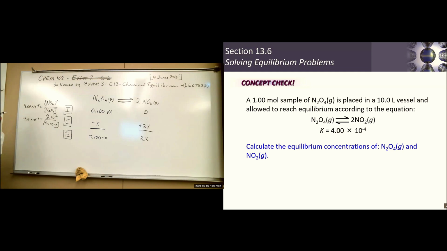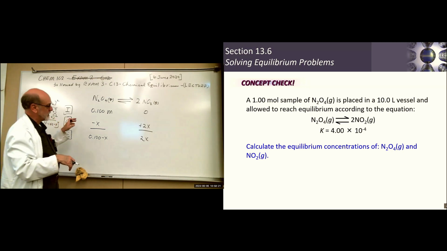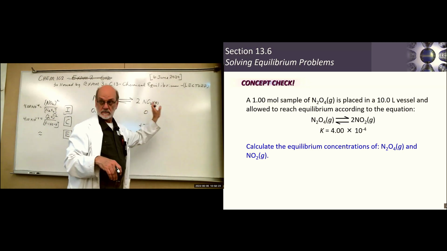All right, we can use the trick on this one. Since K is very small, this value is augmented by that x not very much. I'm going to say that x is so small compared to this value that it doesn't matter, because 10 to the minus 4 means it's not moving far to the left.